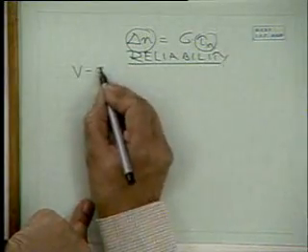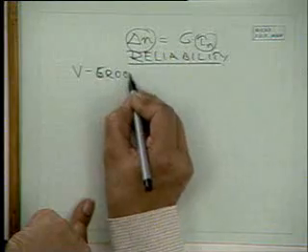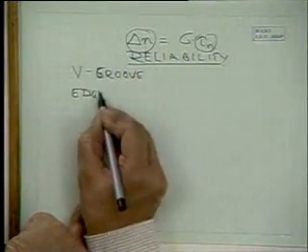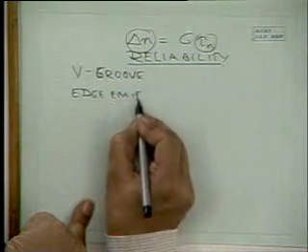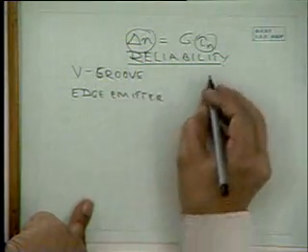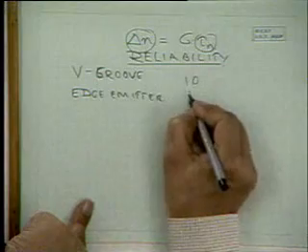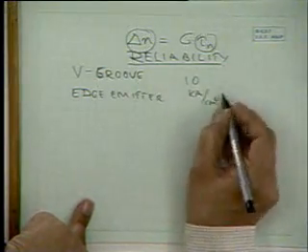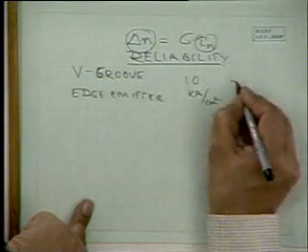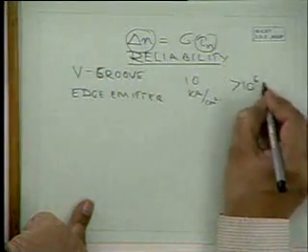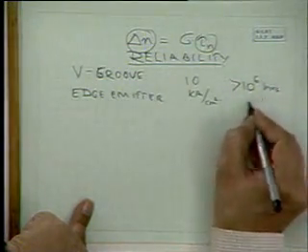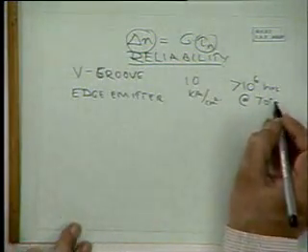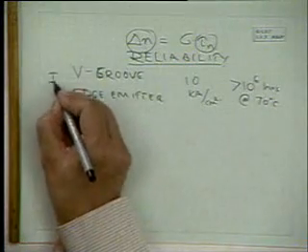V-groove edge emitter LEDs work at a current density of 10 kiloamps per centimeter squared maximum, and they have a lifetime of more than 10 to the power 6 hours, extrapolated lifetime at 70 degrees centigrade. That's one type.